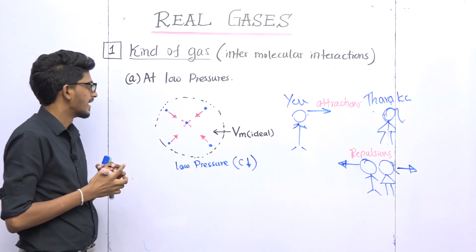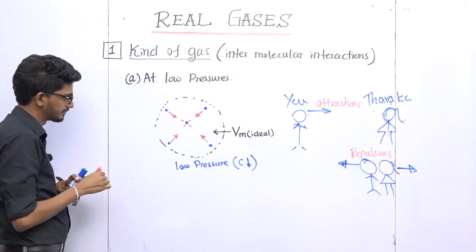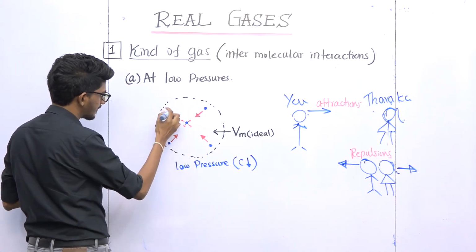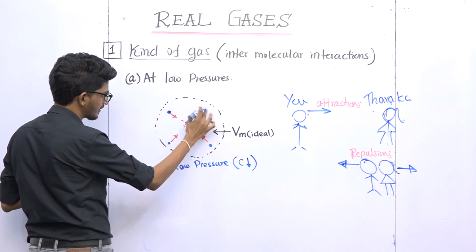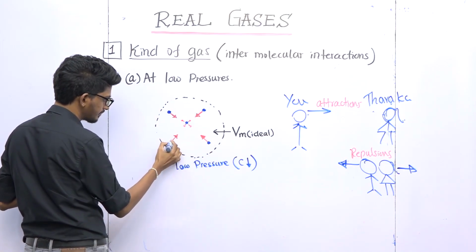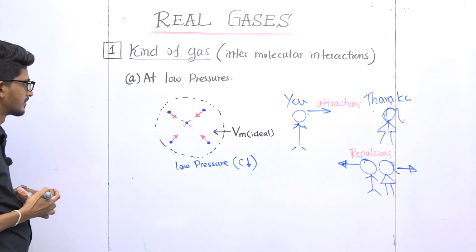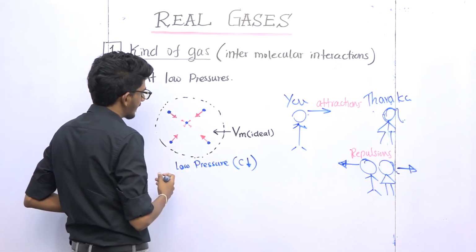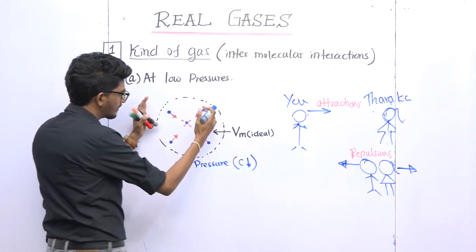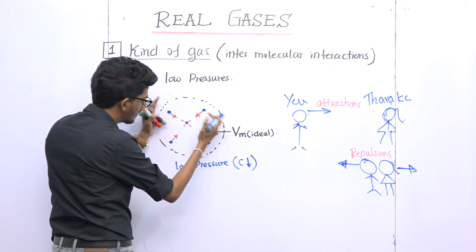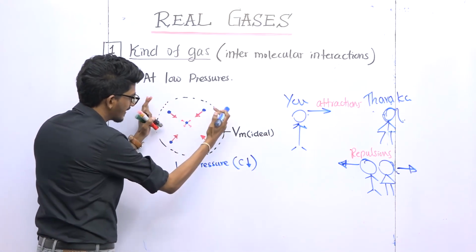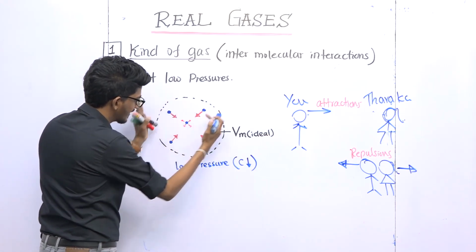So when the attractions happen, right, like this, this volume will decrease. The volume occupied by these particles will decrease. It will shrink, right? When all the guys get attracted, the gas will shrink.